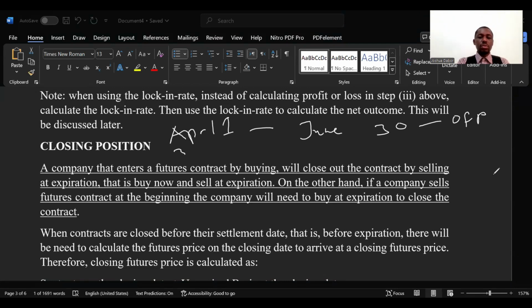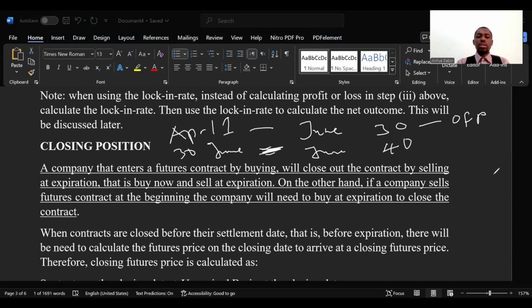Then on 30 June, what will be the price of the futures on 30 June? Let's assume that on 30 June, it is now 40. Let me just use this simple example.